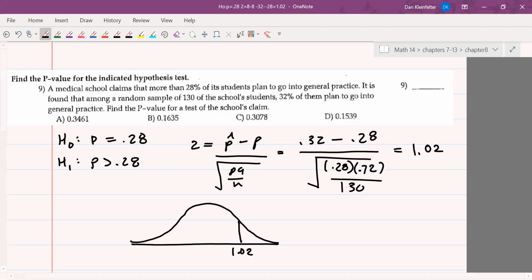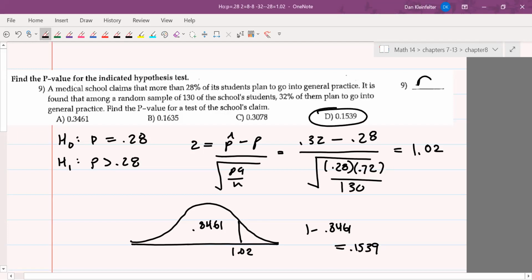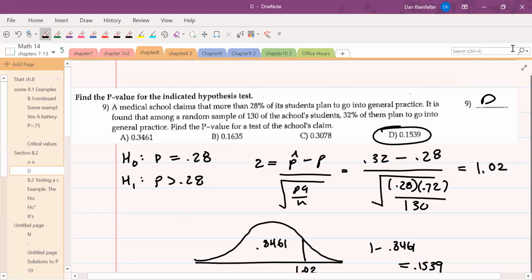We'll go to our Z table, 1.02: 0.8461 is our area to the left. So 1 minus 0.8461 is 0.1539. Our multiple choice here would have turned out to be D. All right, so that takes care of our couple of examples.